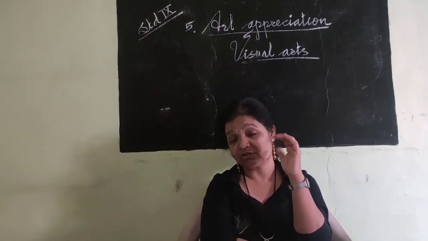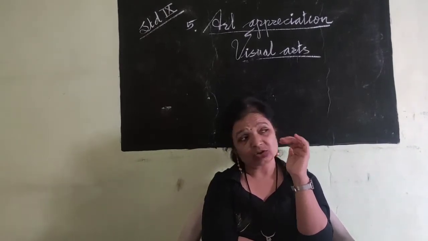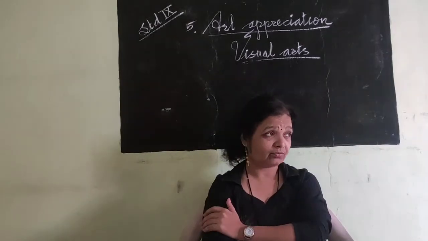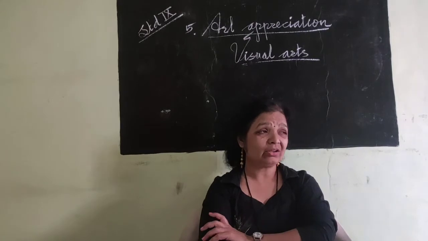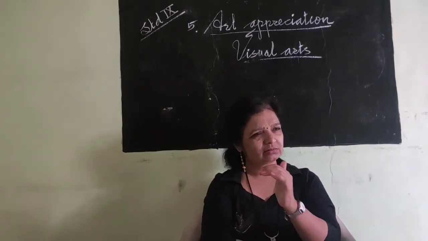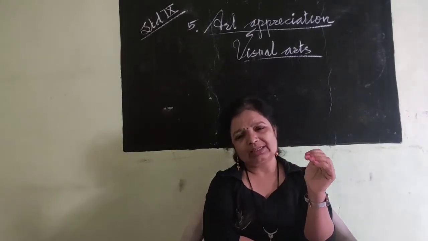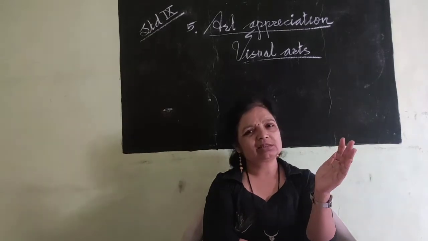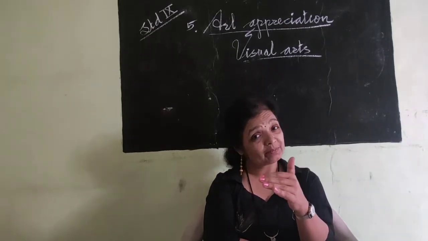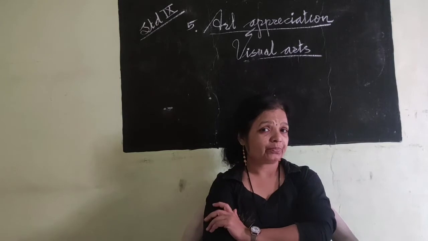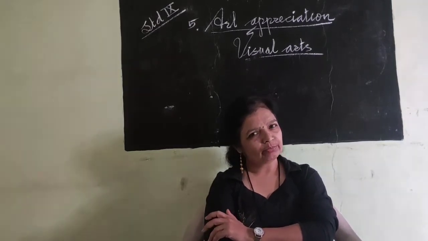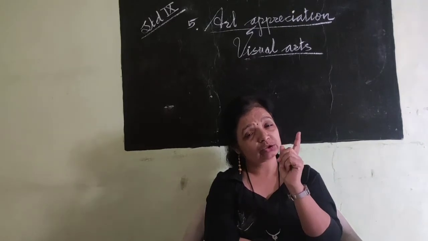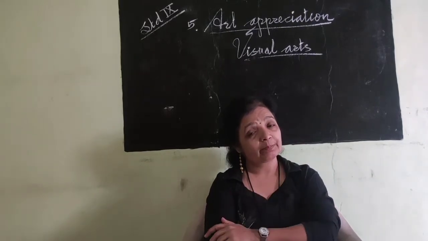When we want to draw the real picture, what we see, what we envision through our memory, or if we stay there and see that natural scene, you want to capture that scene on your drawing board. At that time, you have to use geometrical shapes and perspective.